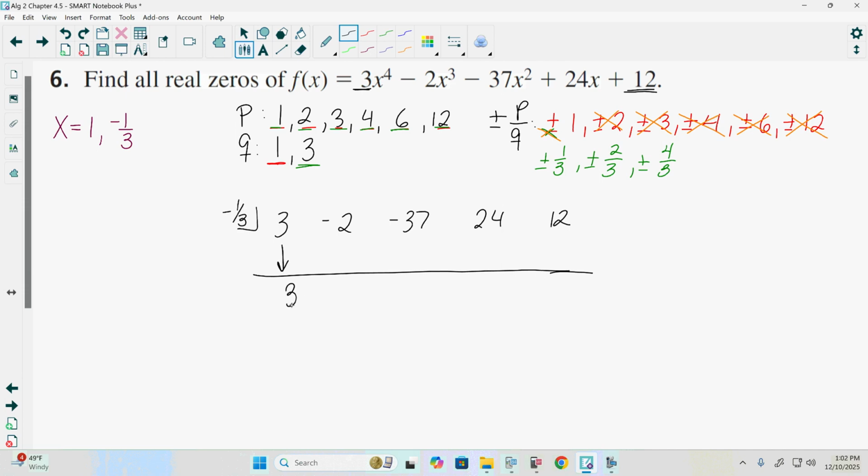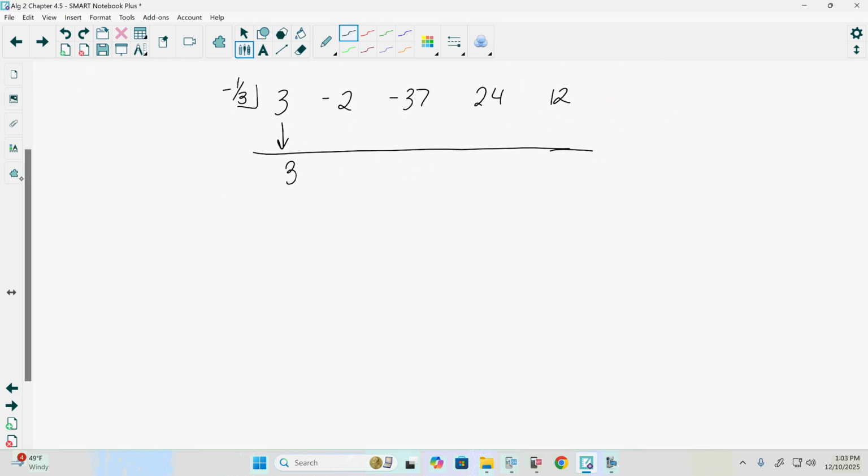Now that we did find enough solutions to take it from a quartic down to a quadratic, we're going to do our synthetic division to reduce this degree. It doesn't matter if we use 1 or -1/3 first, we just have to pick one.